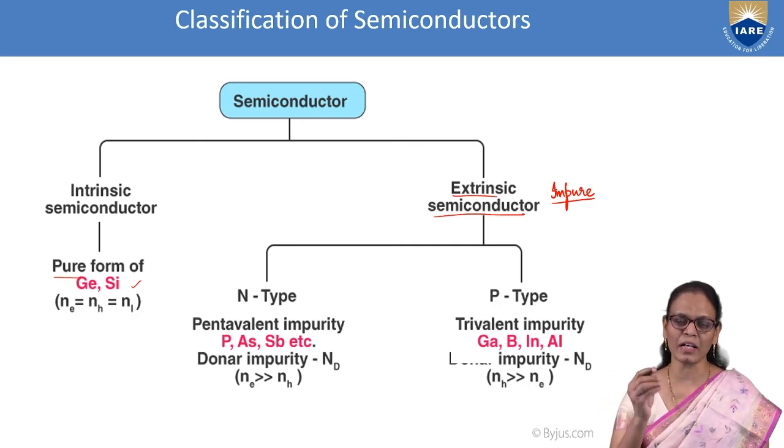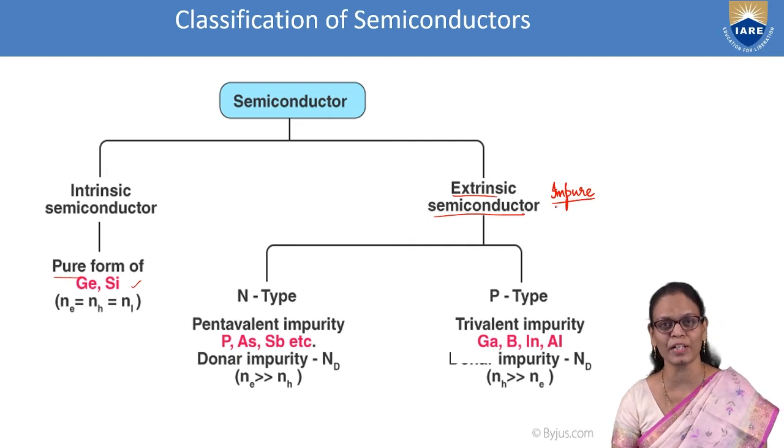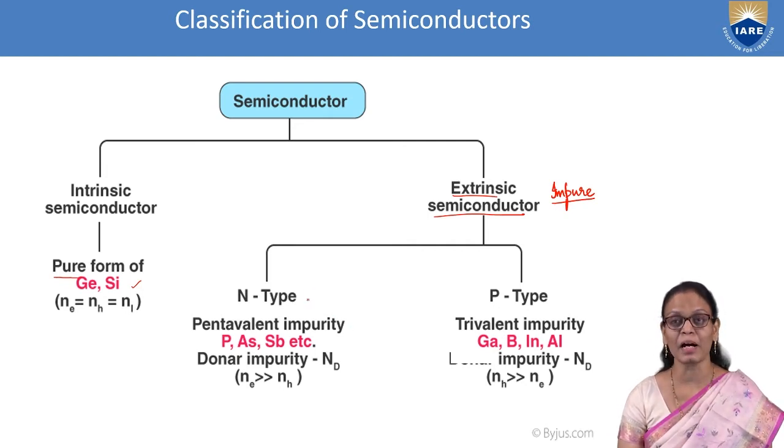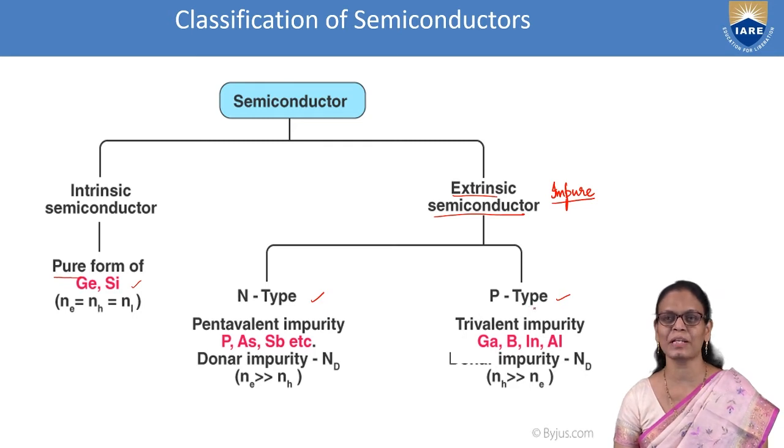But if I add a few atoms of another element, these atoms are going to replace the silicon atoms. Then it becomes impure. Depending upon the type of impurity we are adding, it will become either N-type or P-type. So, extrinsic semiconductors can be classified as N-type and P-type.